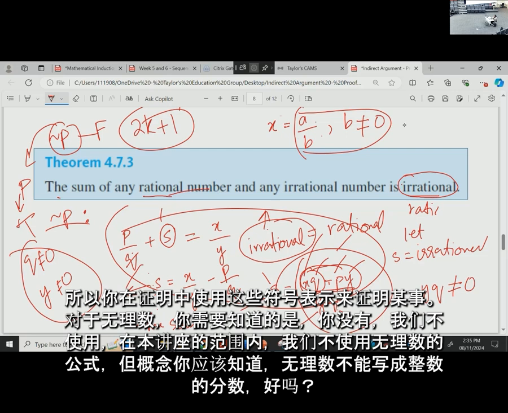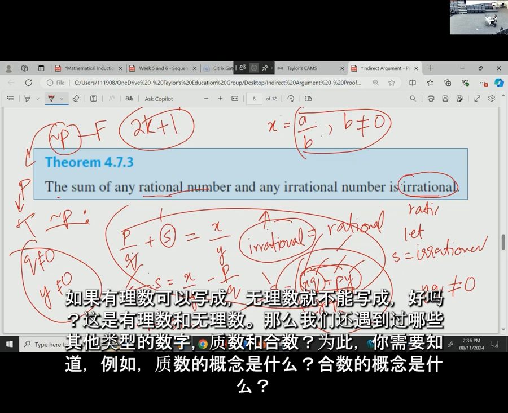For an irrational number, in the scope of this lecture, we are not using a formula for irrational, but the concept you should know is that an irrational number cannot be written as a fraction of integers. If rational can be written, irrational cannot be written. Okay, this is for rational and irrational. Then what other types of numbers have we come across?